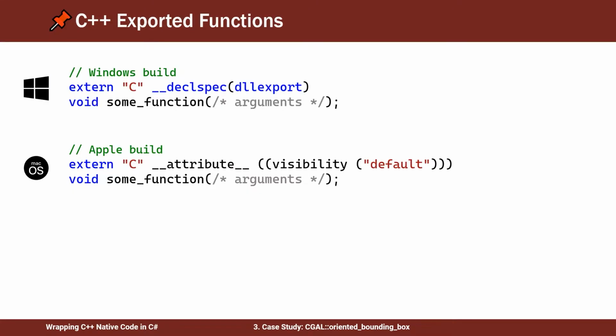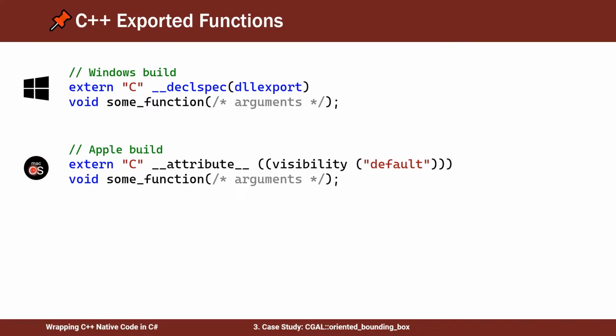In order to export C++ code, you have to declare it with this prefix. In Windows, you have this one. In Apple, you have this one. By decorating with this line, the linker will add information to the DLL that makes these functions public. Without this decoration, these functions will not be available outside of the assembly, such as the DLL in Windows and the dylib in Mac OS.